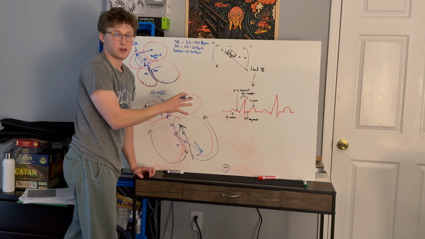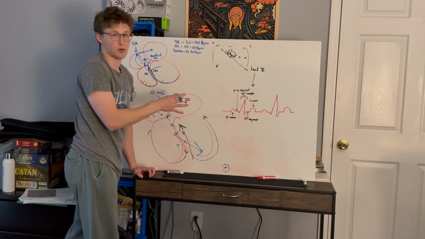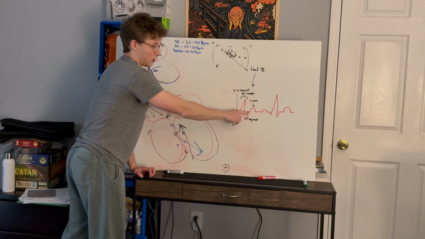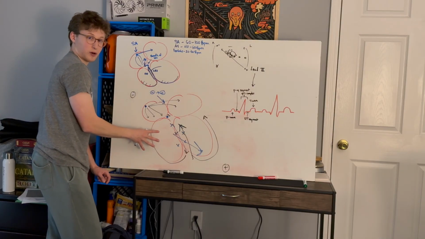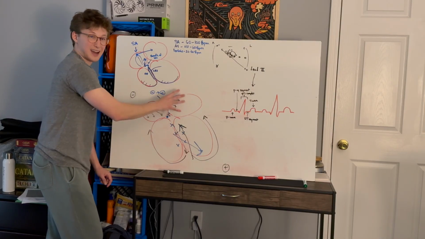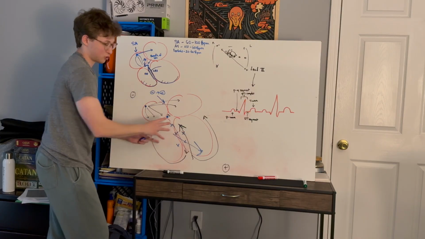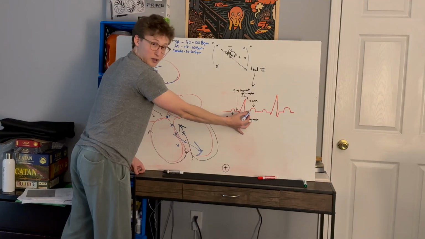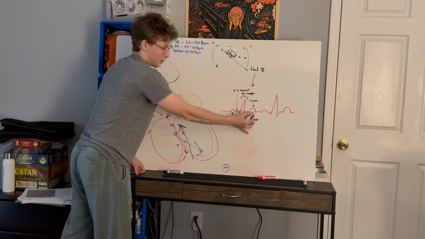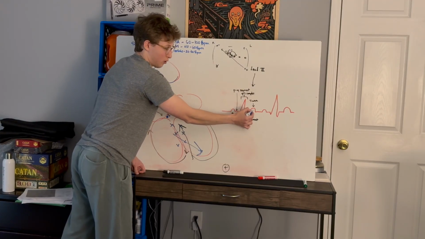Every time the tissue depolarizes, it needs to repolarize. So what follows it? Well, first, everything is positive in here because it's depolarized. The atria are back to negative. The ventricles contract and they repolarize. And that creates our T wave right here. Ventricular repolarization.